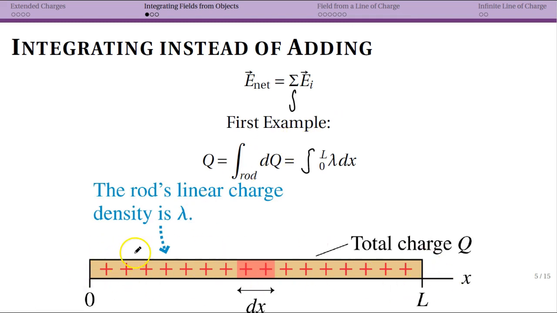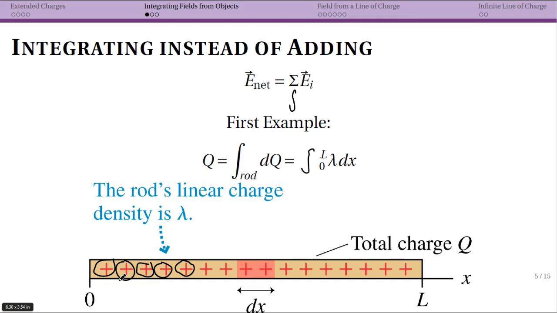If we think about an object like a wire or a rod, we can think about breaking it into little tiny pieces where each one is a point charge. Here I happen to be circling each of the charges, but you could imagine that if I used smaller circles, there would be more of them.